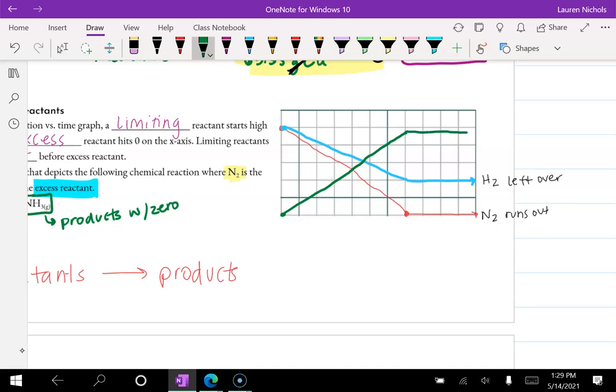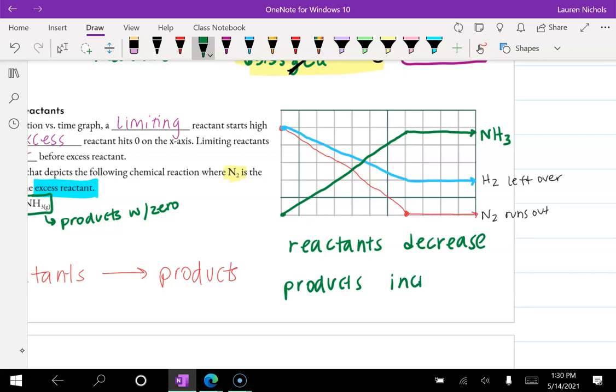And so that's why it flattens out after this. So this would be NH3, our product. And we know it because it's increasing. Reactants decrease over time in your experiment and products increase. And so let's write that down. Reactants decrease and products increase.